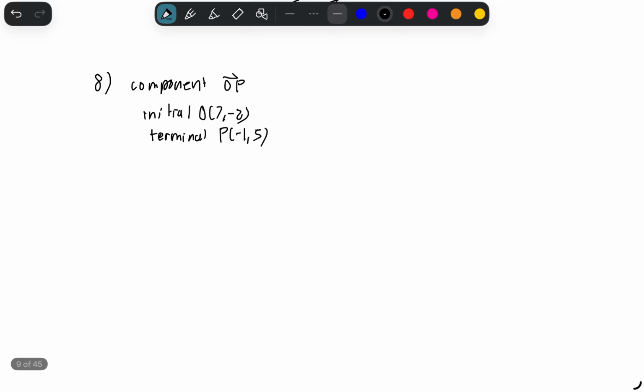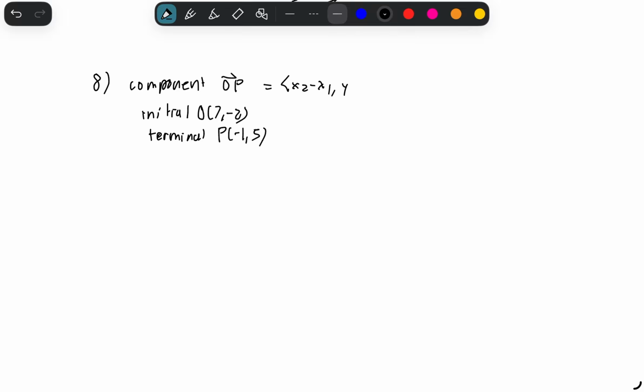So for our vector, this is going to be x2 minus x1, y2 minus y1, and this is going to be negative 1 minus 7, 5 minus negative 2. So this is negative 8 and this will be 7.